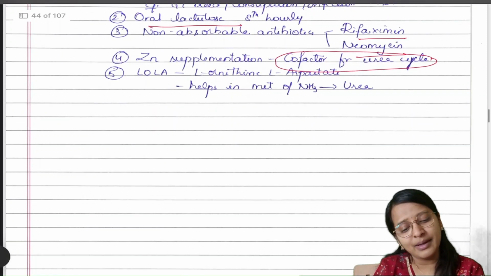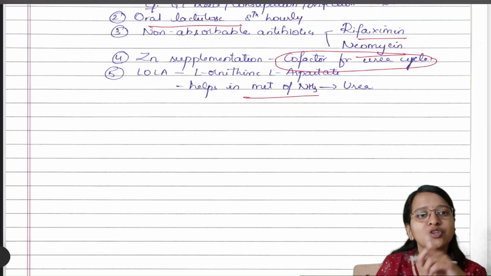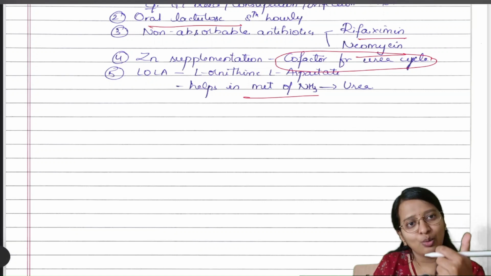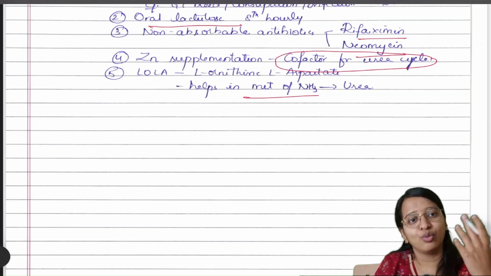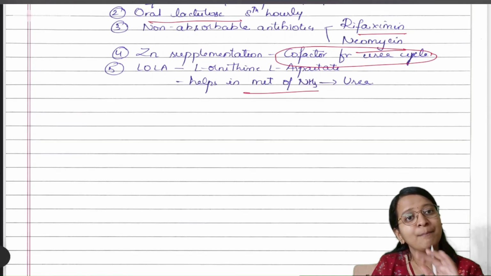And LOLA, which is nothing but L-ornithine L-aspartate, also helps in the metabolism of ammonia to urea. So all our treatment is focusing on metabolism of ammonia, right? So your LOLA or zinc, we can go for oral lactulose and all. But the main thing is you have to avoid the precipitating causes.